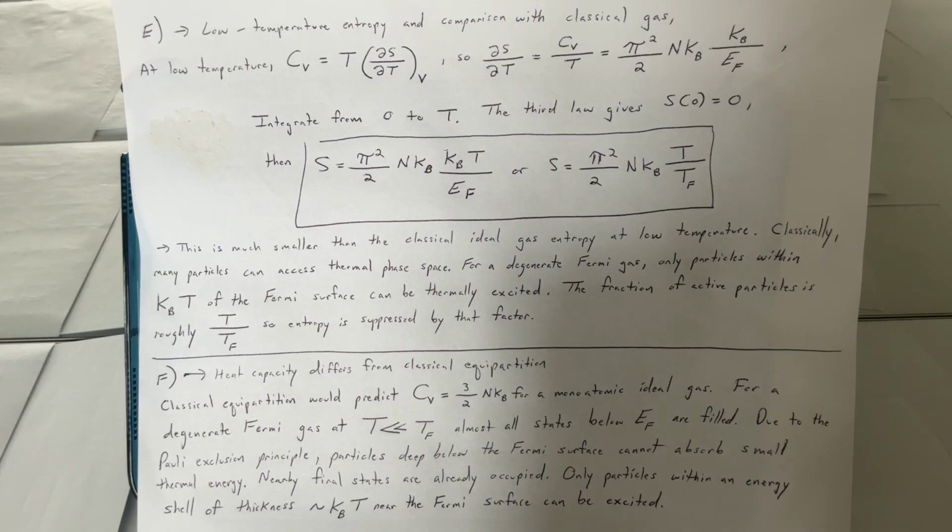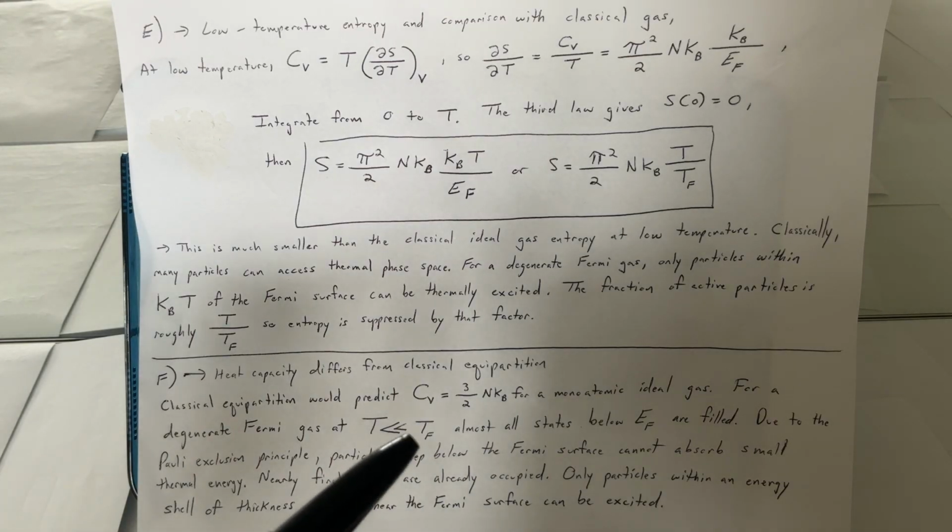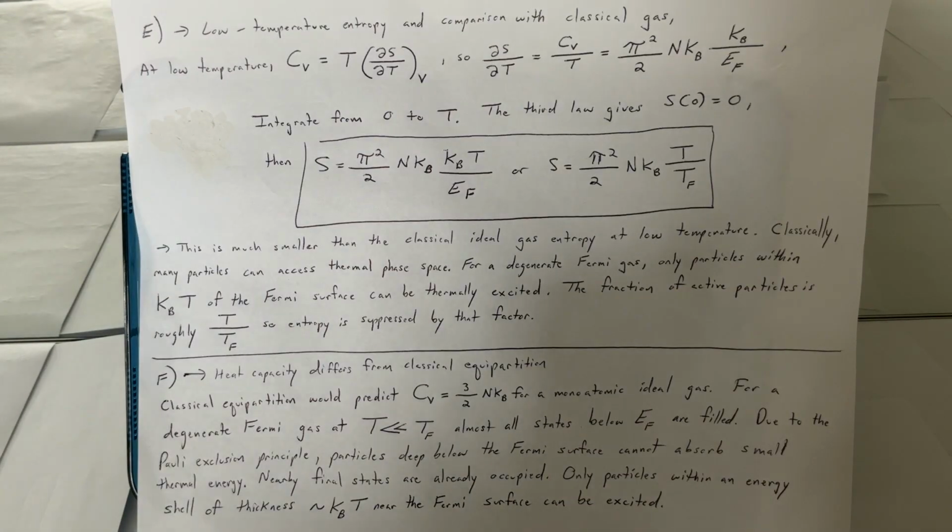For a degenerate Fermi gas, where T is much less than T sub F, almost all states below E sub F are filled. Due to the Pauli exclusion principle, particles deep below the Fermi surface cannot absorb small thermal energy, and nearby final states are already occupied. Only particles within an energy shell of thickness approximately k sub B T near the Fermi surface can be excited.